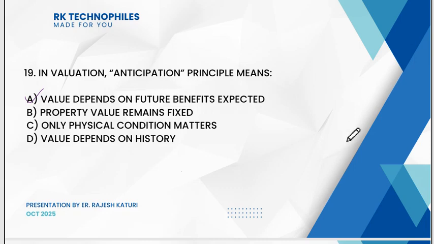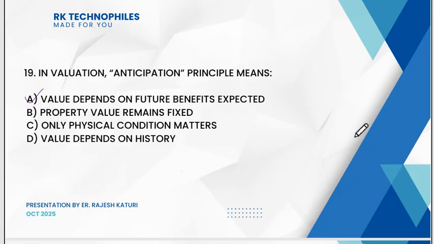Like that, future benefits. So why others are wrong? Fixed means ignores market dynamics actually. In fixed value, market benefits and market dynamics are ignored. So there is no anticipation.